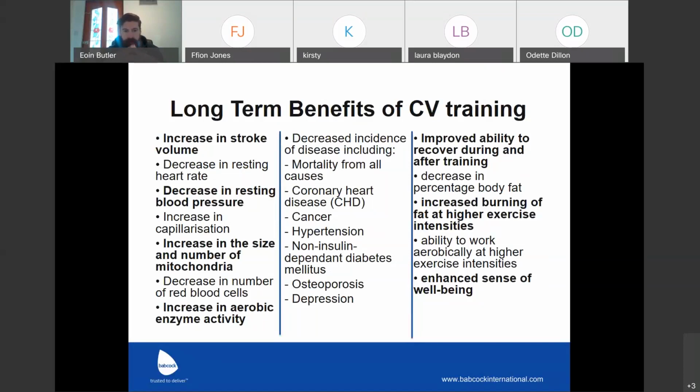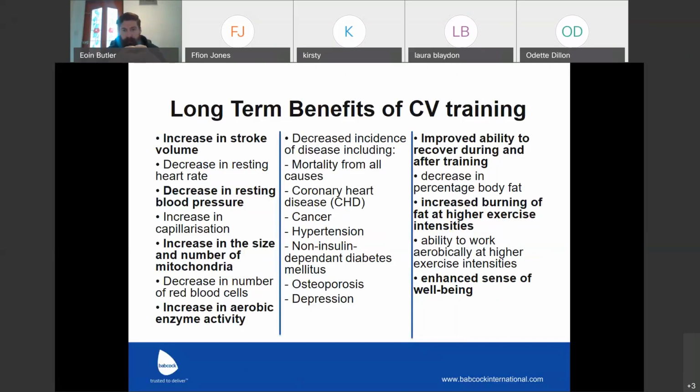Increased stroke volume, decrease in resting heart rate, decrease in resting blood pressure, increase in capillarization, increase in the size and number of mitochondria, decrease in number of red blood cells, increase in aerobic enzyme activity, a decrease in the incidence of disease, which can include mortality from all causes, decrease in coronary heart disease, cancer, hypertension, non-insulin dependent diabetes mellitus, type 2, osteoporosis, and depression.